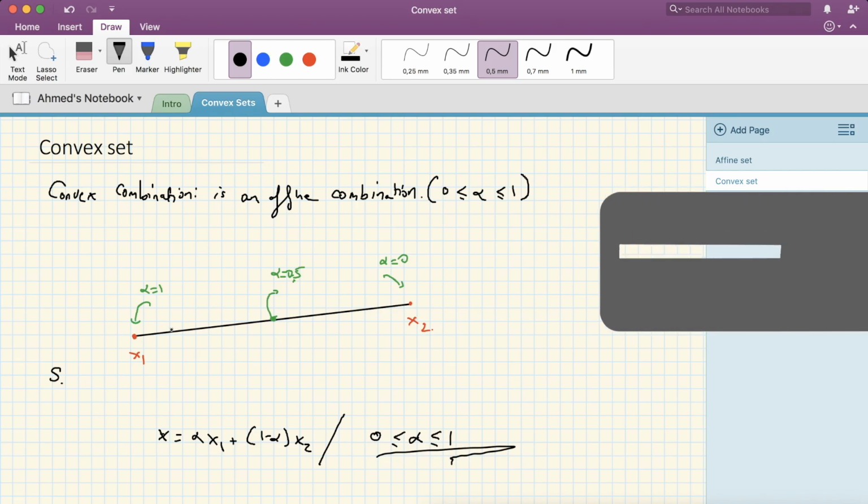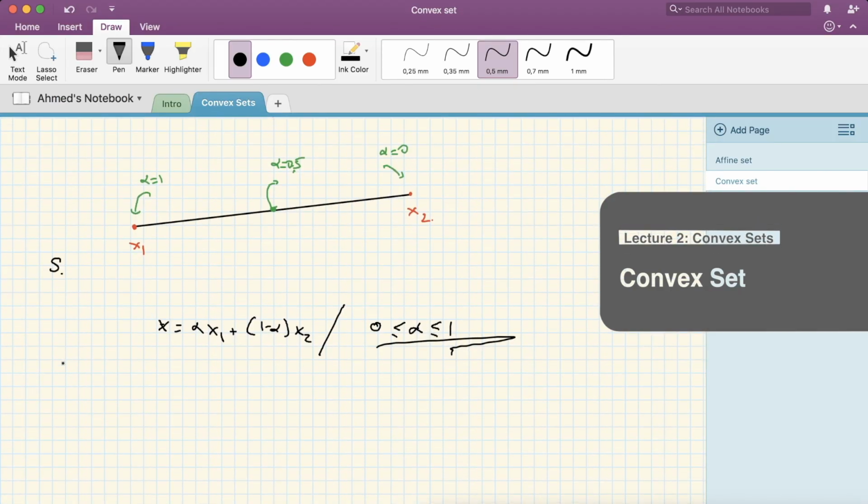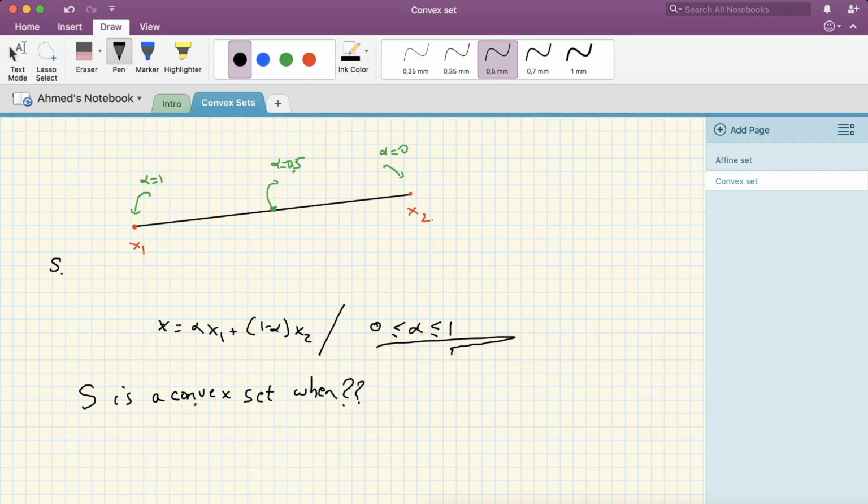So when do we say a set S is a convex set? It's the same notion as affine sets, but instead of saying it's closed under affine combinations, we say that it is closed under convex combinations. So you could see a convex set as an affine set with boundaries: you have this line segment instead of an infinite line.